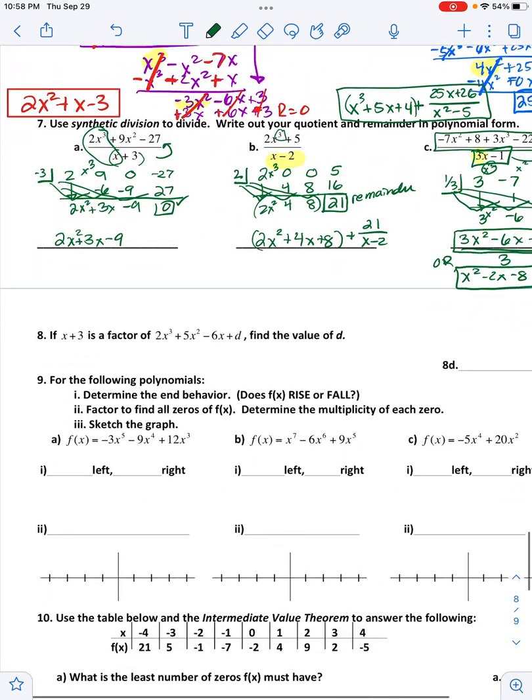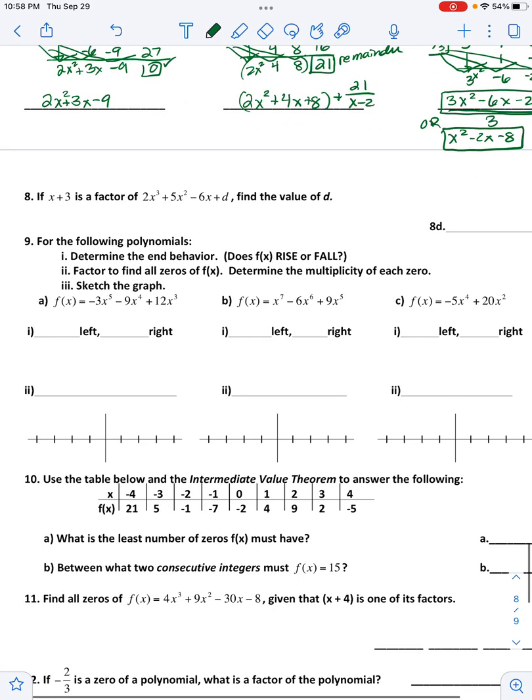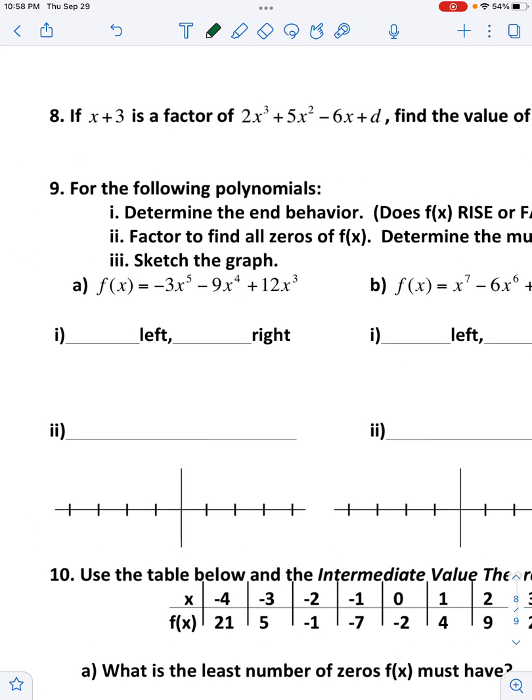Okay. So this last part, the back page, is really going to tie all the concepts of factors, zeros, all of it together and really think it through. So read what it's really saying and then figure out what that means to do.